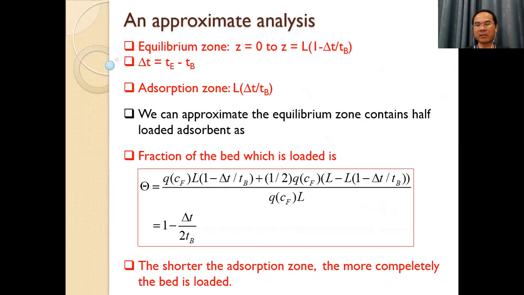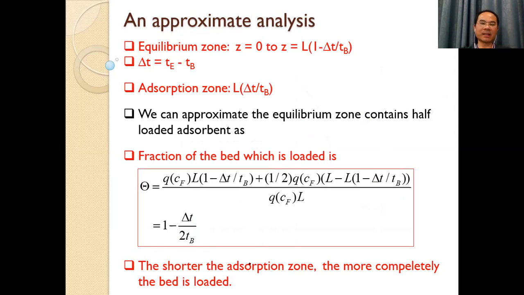Then you can approximate that the equilibrium zone is constant, and the adsorption zone is about half loaded with adsorbent. Then you can calculate the fraction of the bed that is loaded, equal to 1 minus delta T divided by 2 TB.